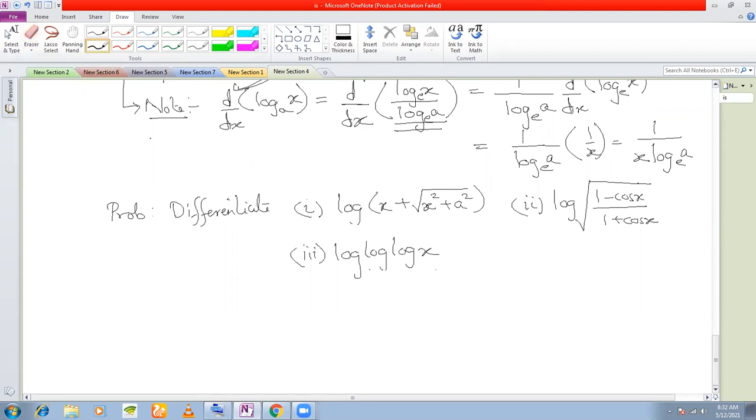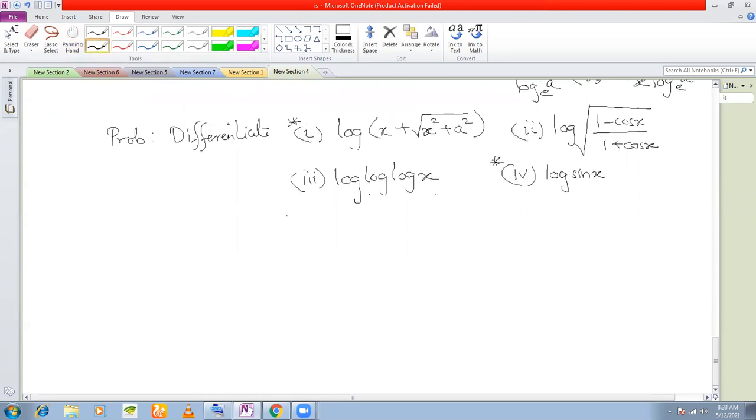Let's take some more. Next is number 4. Again, an important one, log sin x. So try to remember this and try to remember the differentiation of this. We shall be coming back to this later on. Next is cos log x.